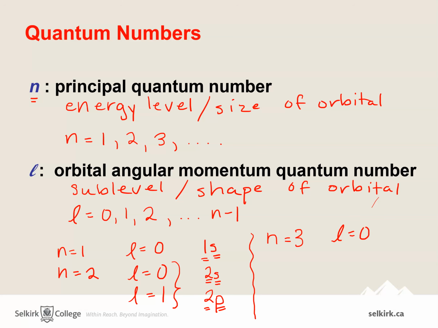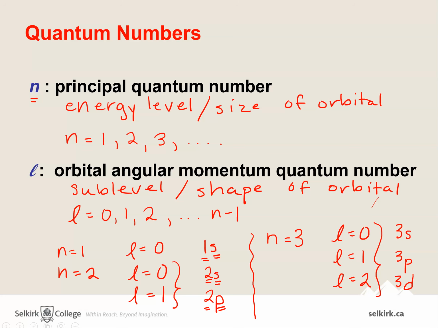L can be 0, L can be 1, L can be 2 at the third energy level. We got 3 labels because there's 3 shapes at the third energy level. There's the 3s, the 3p, and the 3d.